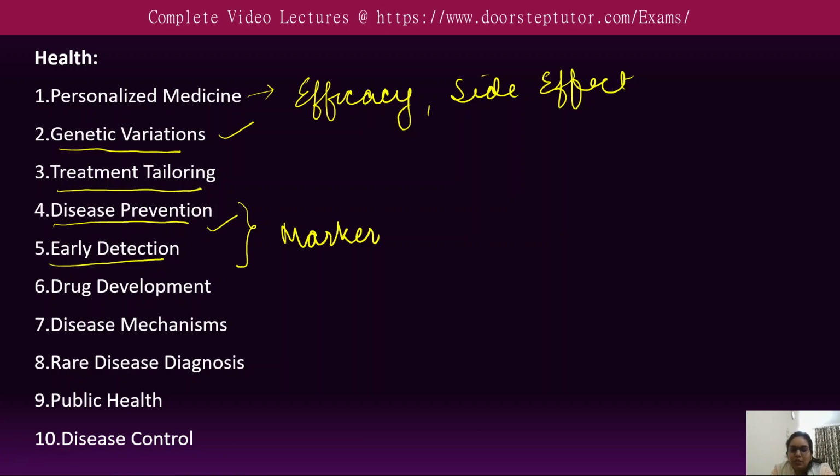It's particularly significant in diseases with a genetic component, like cancer, cardiovascular disease, or certain neurological disorders.